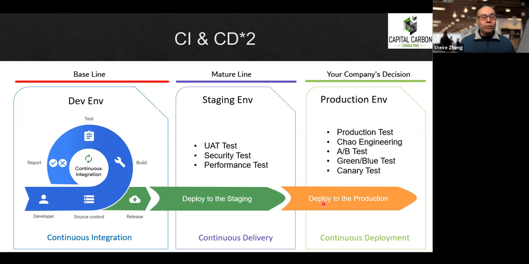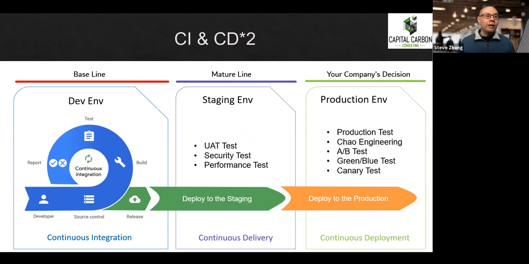But the reason you don't get an update every day is that they control the delivery schedule. Okay, so most startups want continuous deployment, but for most companies, continuous delivery is enough. Okay, so that is the difference.